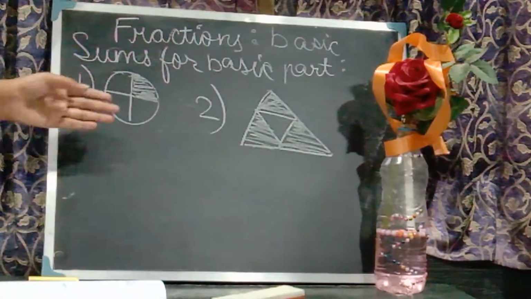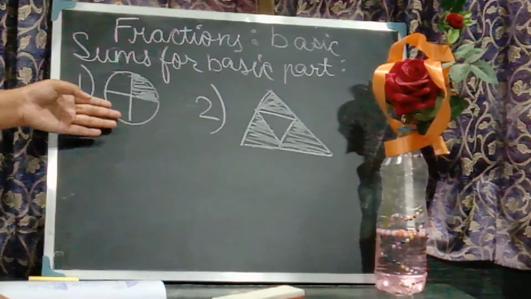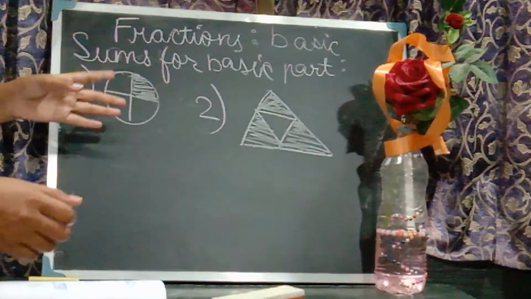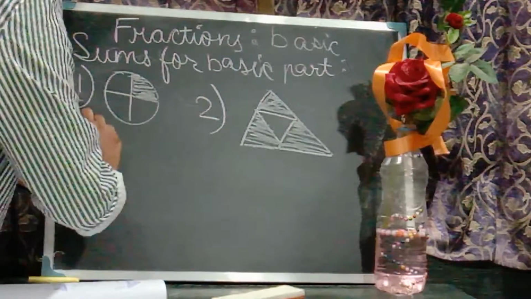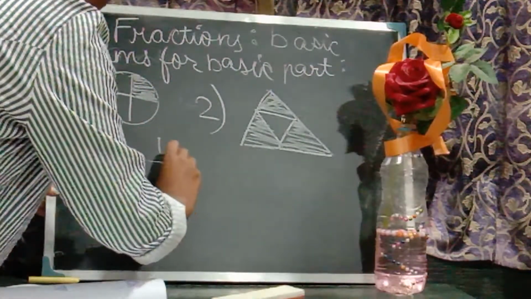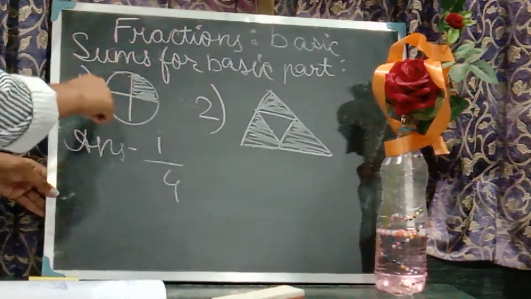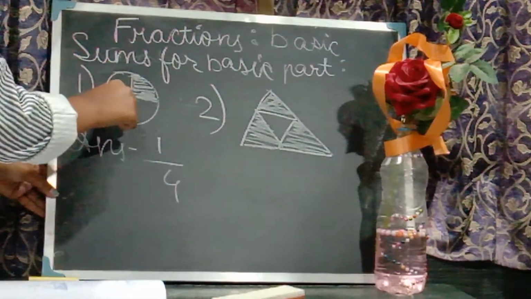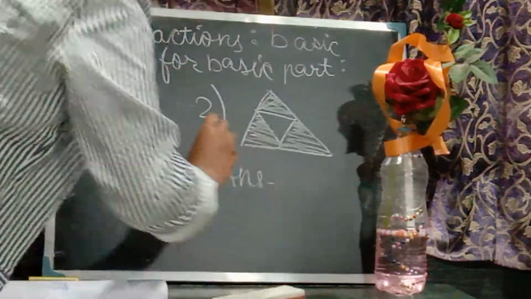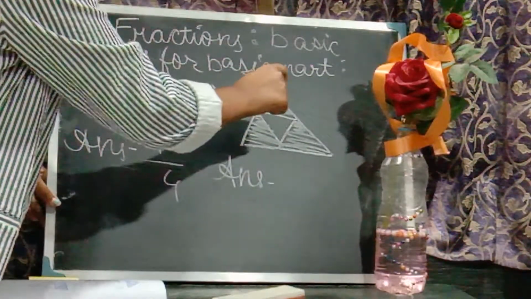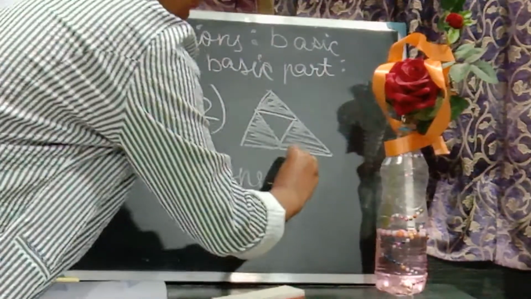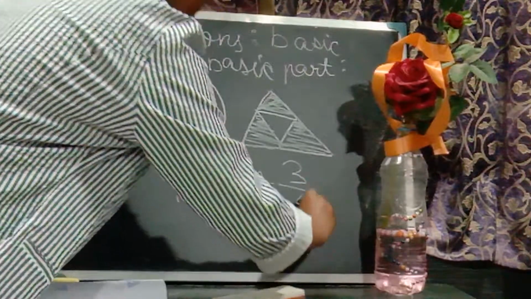If the questions ask you what fraction is drawn in the sums, in the first figure we will write 1/4 because one part is shaded of a full whole that has 4 parts. Next, it has a total of 4 parts and 3 parts are shaded. So we will write 3/4.